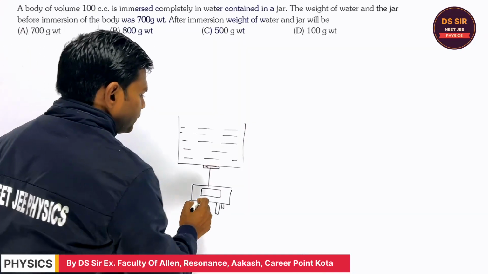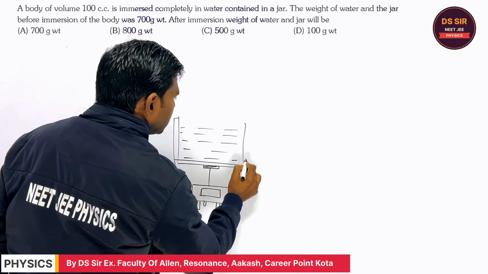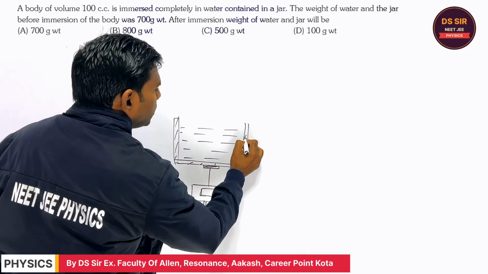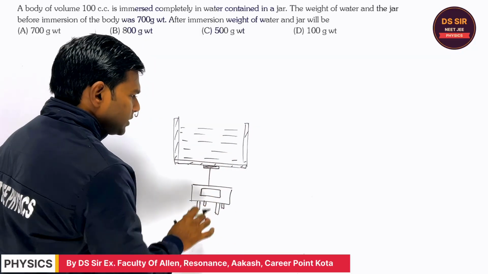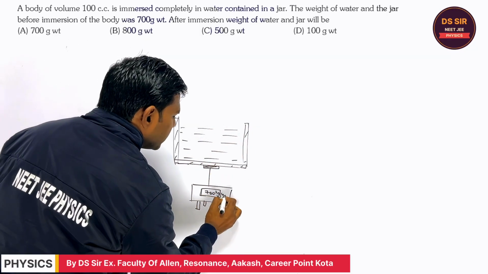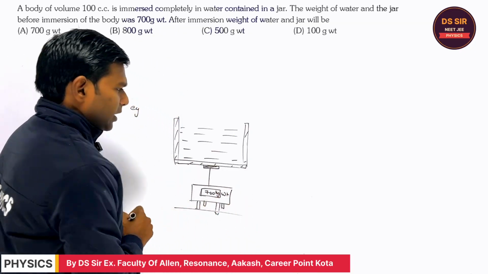You tell. Suppose this is the jar and this is the water. So the total mass is what? Say before anything, it is 700 kg weight. Kg weight means 700 kilogram is the reading.